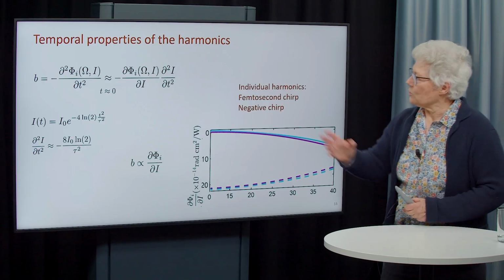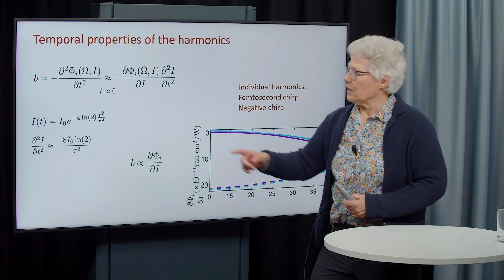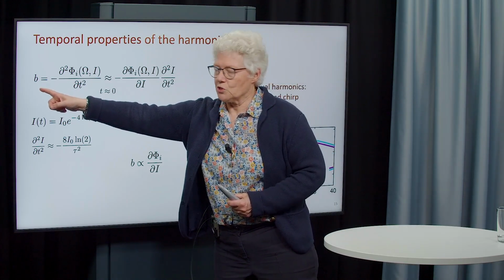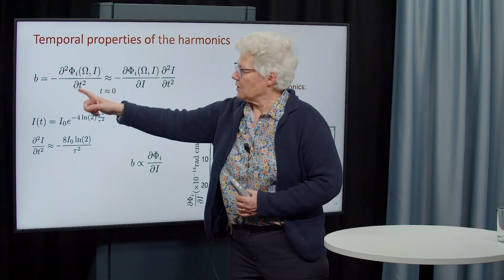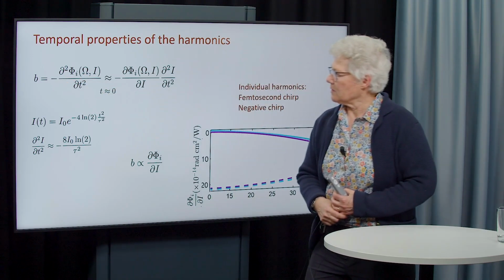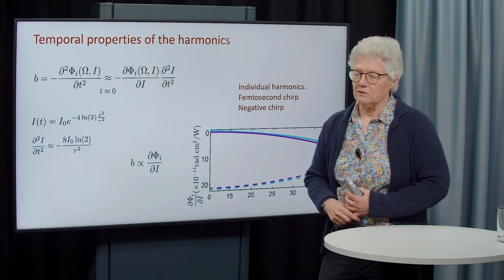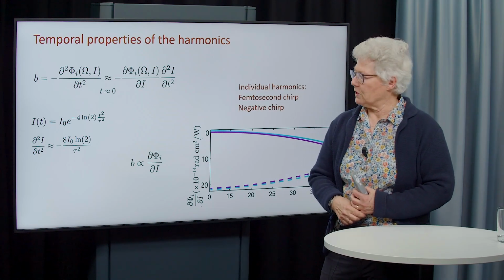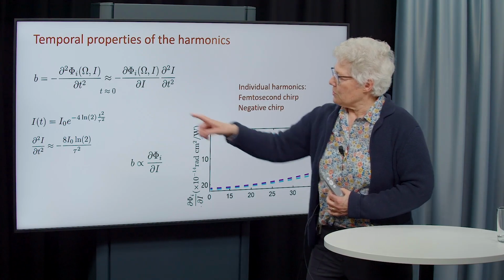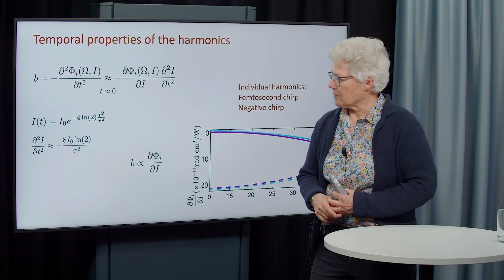Let's now look at the temporal properties of the harmonic pulses. Here I am expressing the chirp coefficient B, which is the second derivative of the phase with a minus sign. You can write this second derivative as the derivative of the dipole phase with respect to the intensity times the double derivative of the intensity, for t close to 0, close to the center of the pulse.